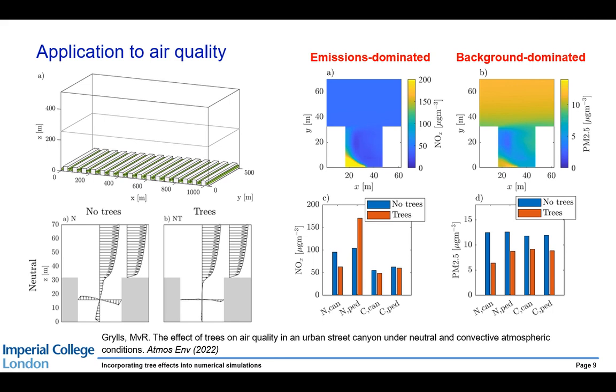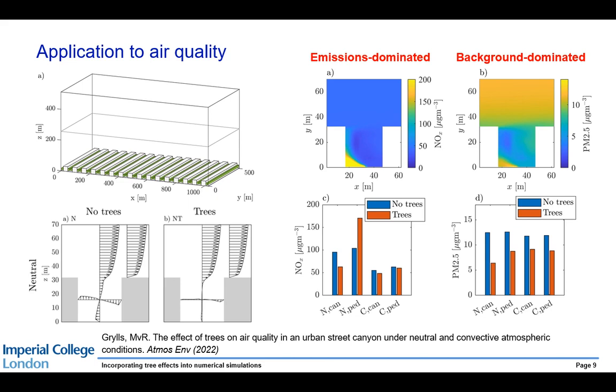So the simulation setup here is of a series of canyons. Again, infinitely in the y direction, and there's a tree on either side of the canyon. And this was simulated in both a neutral boundary layer and a convective boundary layer, because buoyancy effects clearly can also have a big impact on this exchange between the canyon and the boundary layer above.